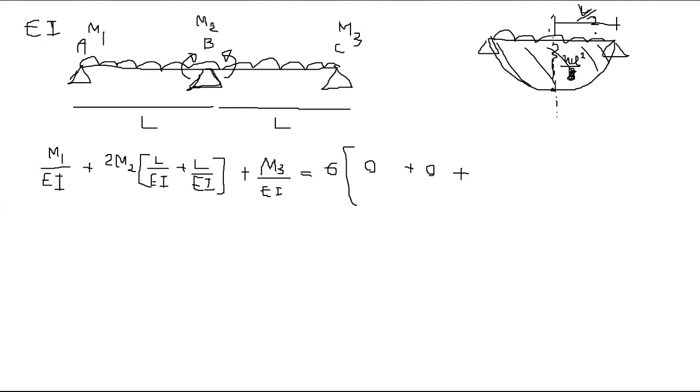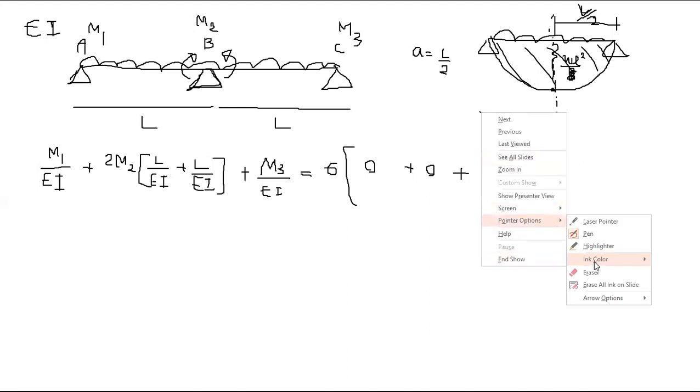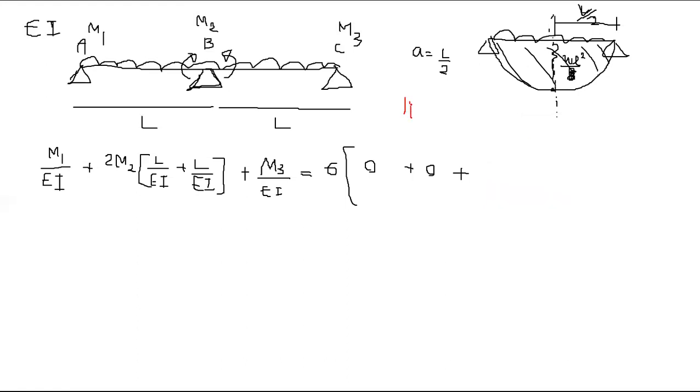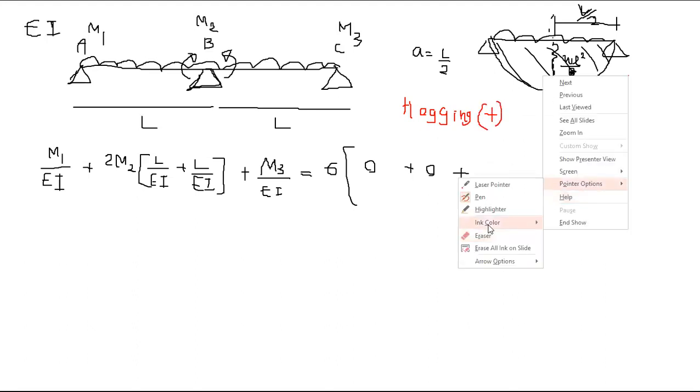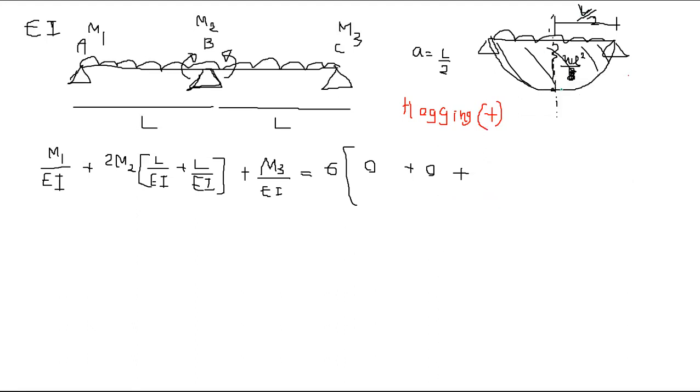So that is simple A, and the distance to the centroid is L by 2. We take hogging bending moments as positive, that's our sign convention. In the middle of this beam you have a sagging bending moment.